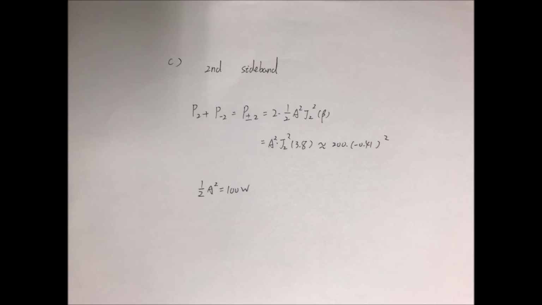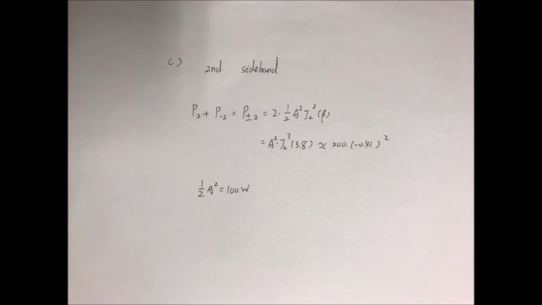The second sideband will be P2 plus P minus 2, so I have P plus minus 2, which will be 2 times half A squared J2 beta squared.